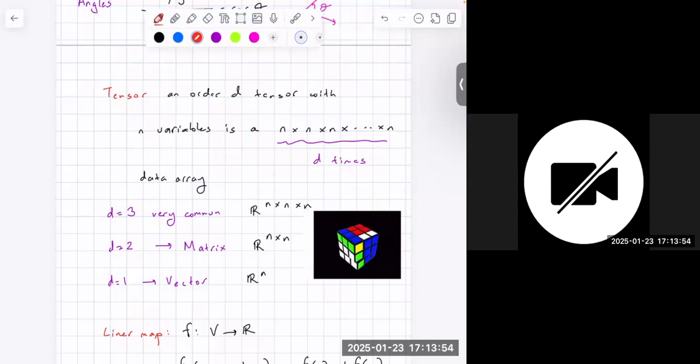They have words like metric tensor, inertia tensor. But for us, it's just a way to organize your data. They are also used a lot in quantum computing, where they have something called tensor networks to record whatever is going on in quantum computation. Tensors are all over the place.